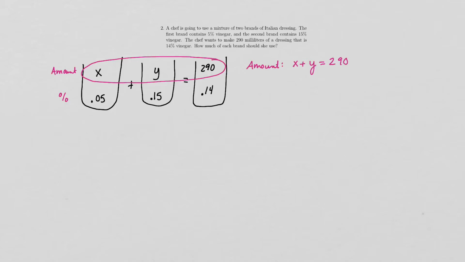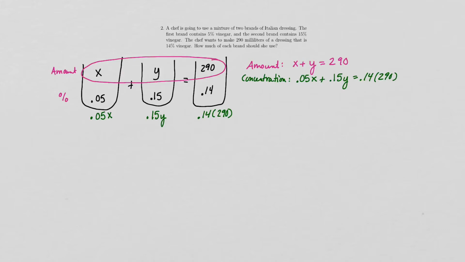And remember, to get the concentration, we're going to multiply everything in the beakers together. So 0.05x, 0.15y, 0.14 times 290. And so that's going to be that concentration. So 0.05x plus 0.15y equals 0.14 times 290.